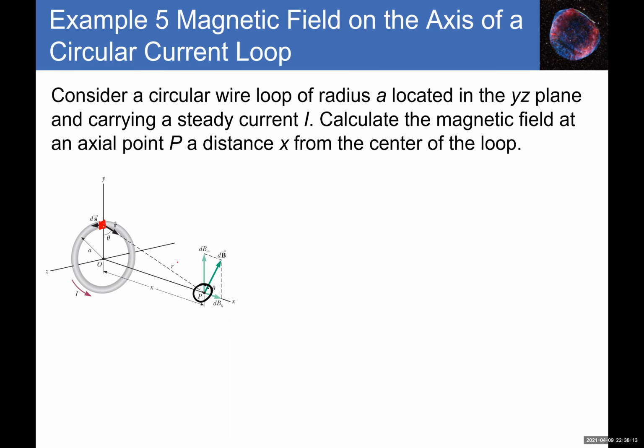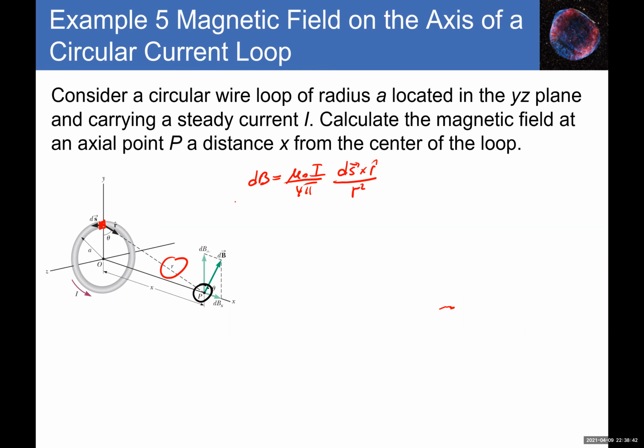And then there's a distance r from where our element is to the point P. Okay, so setting up my equation, dB equals mu naught I over 4 pi, then ds cross r hat over r squared.